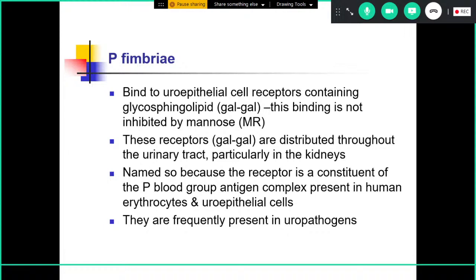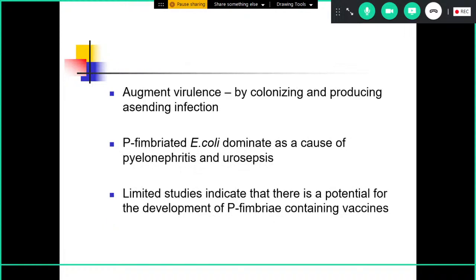So this adherence is receptor mediated, and these receptors are present throughout the urinary tract. These P fimbriae are frequently present in the uropathogens. They augment virulence by colonizing and producing ascending infections.